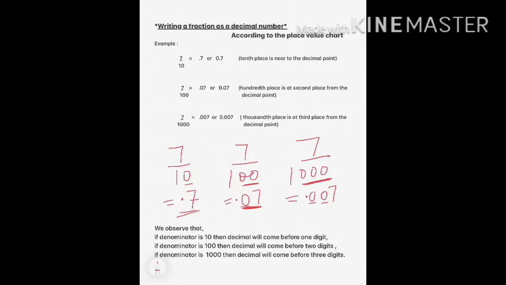And if these digits are not 3, then we have to make it 3 by putting zeros in front, because 007 and 7 are equal, 07 and 7 are equal. So we will make it 2 digits by putting a 0 over here, and 3 digits by putting 2 zeros over here. Alright, so this was the observation which I have told you.